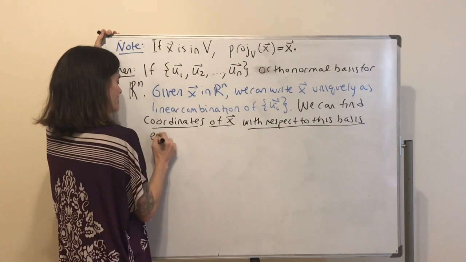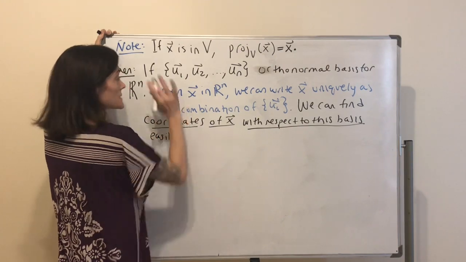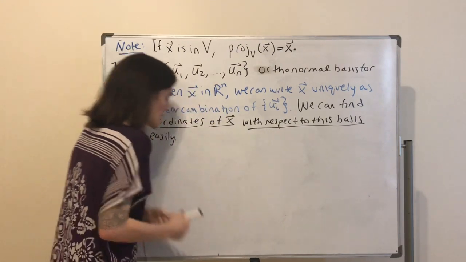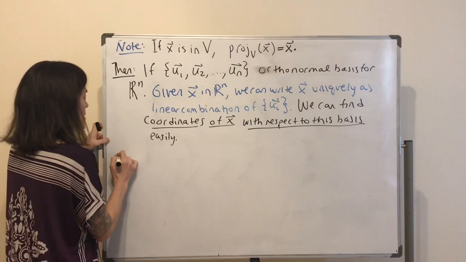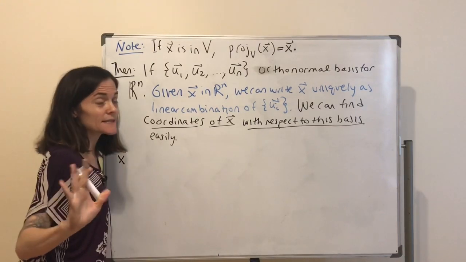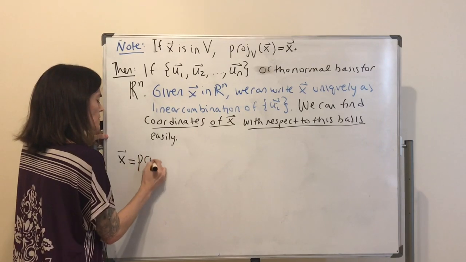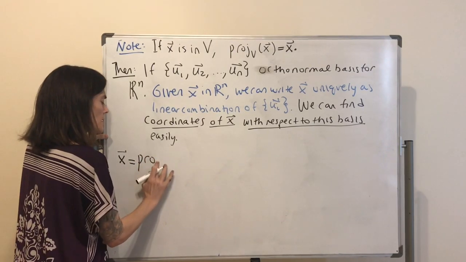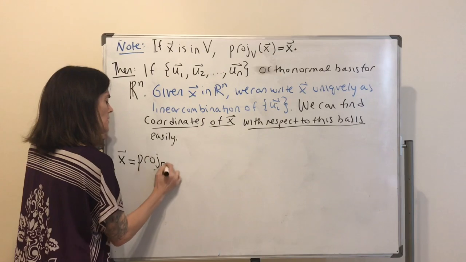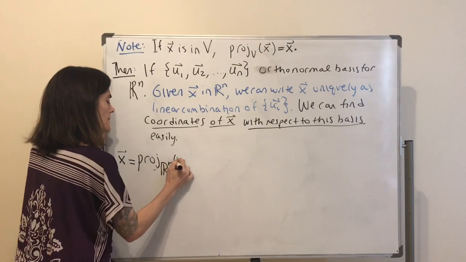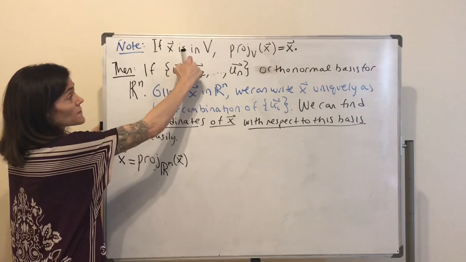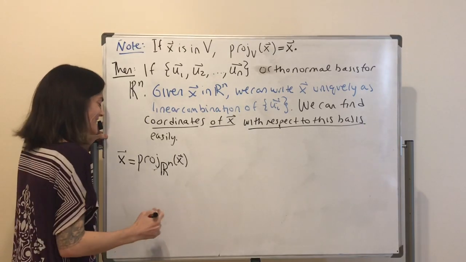We can find them easily using this idea of projection, because we know that x is in Rn. Therefore, it will be equal to the projection here. This is using this observation.